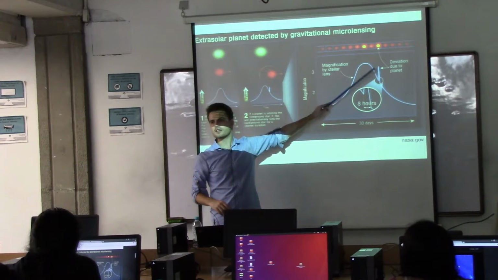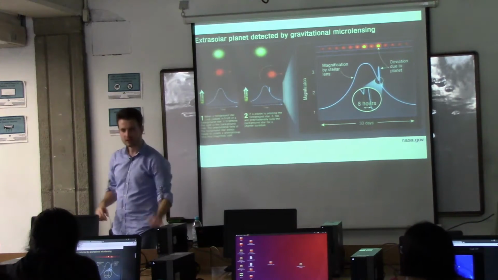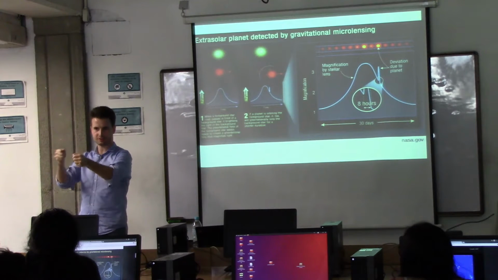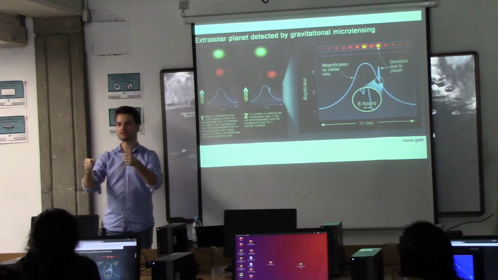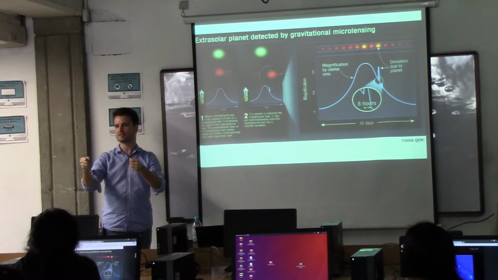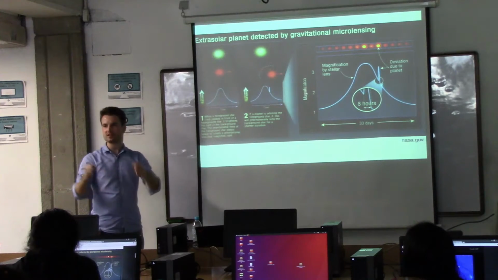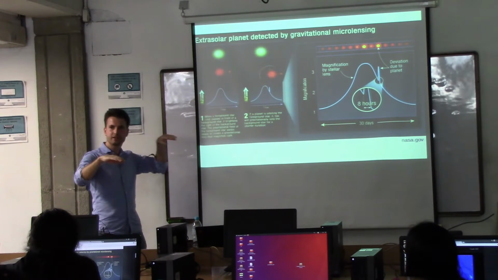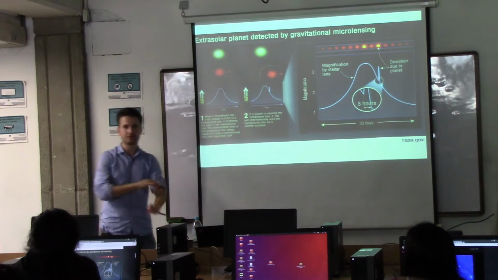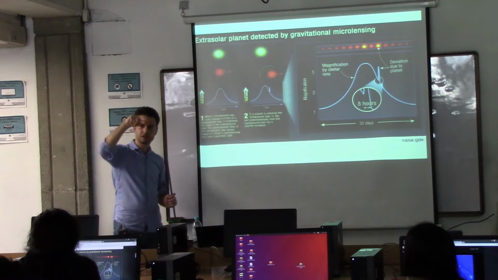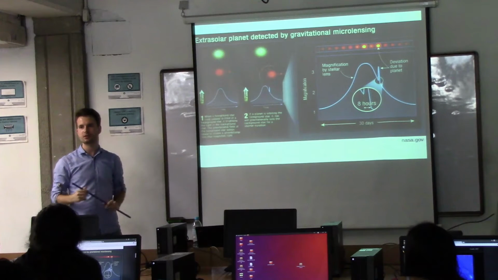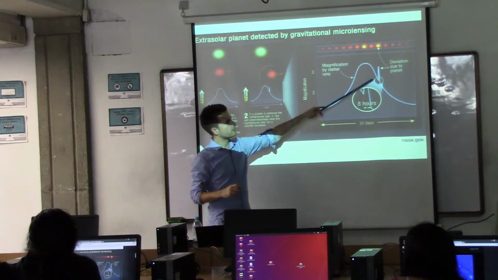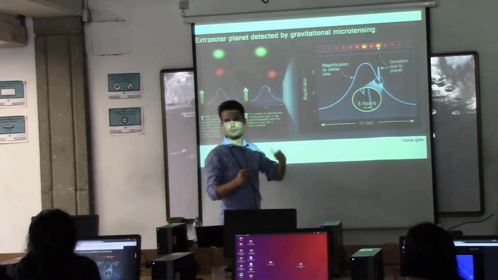And the nice thing is that when you consider how we are detecting planets, we are looking for Doppler shifts, maybe, where the mass of the planet is tugging on the central star, but this works for very massive planets. Then you have transits, but then you have to be really lucky that you have a planet that is making a large enough dip when it's transiting in front of a star, and you have to have a pretty bright host star.